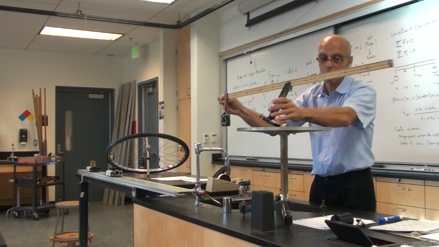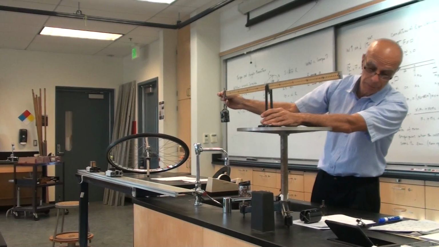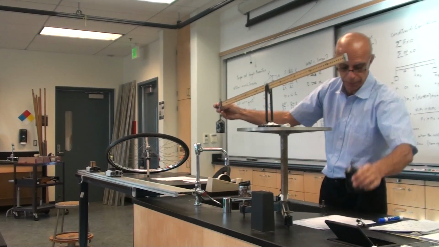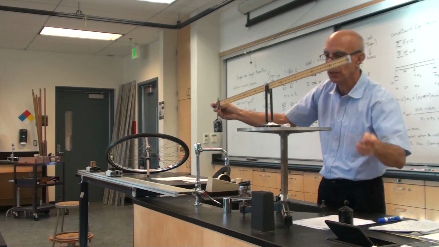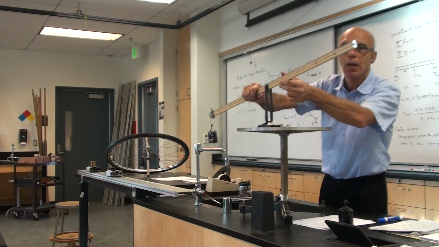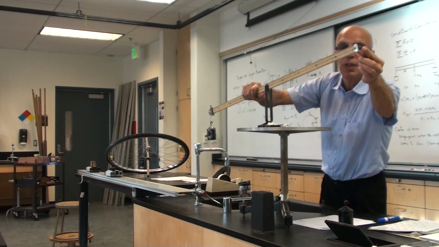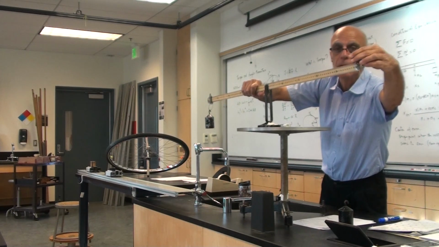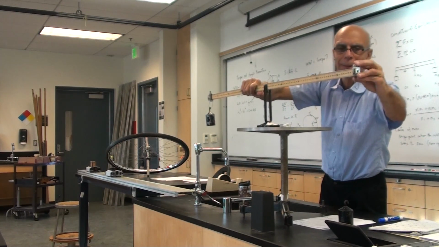The balance was broken. So what should I do in order to balance this out? Move the center of mass. Move the center of mass, right? Let's see if I can fix this.